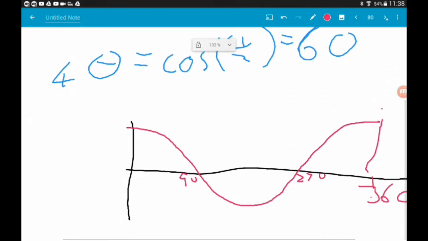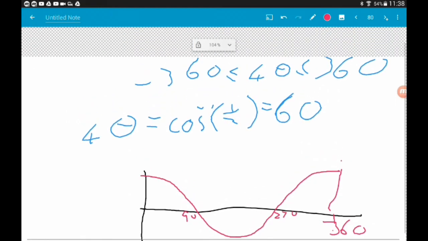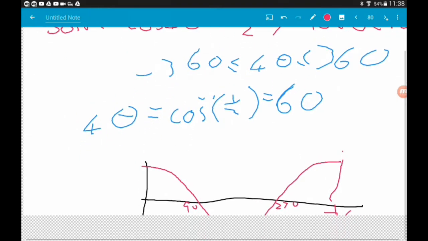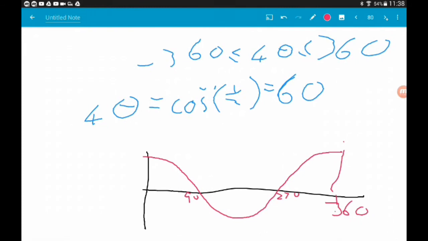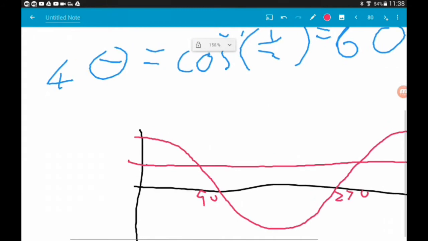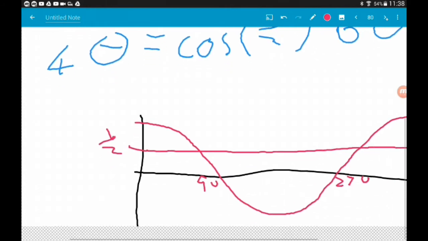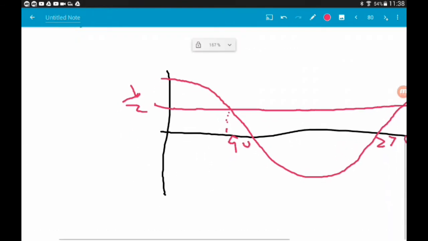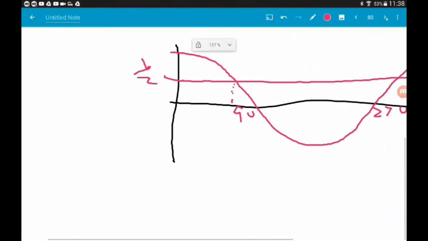Okay, so we are solving cos of 4 theta equals 1/2. So on the graph then we are finding the points where the graph hits y equals 1/2. So we found our first value for 4 theta is this guy here, which was 60 degrees.